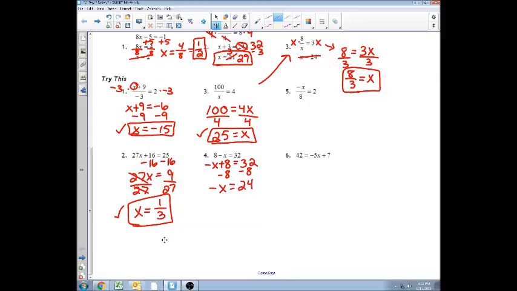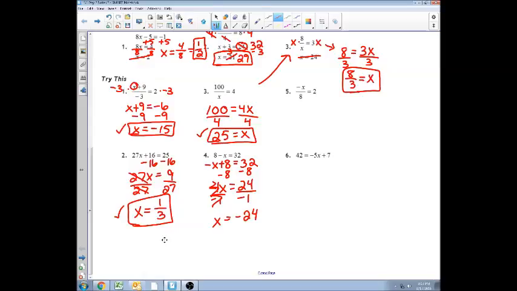Now I have a negative x. Remember from above that anytime I have a negative variable, I want to go ahead and divide by -1, because that is also -1 times x, right? Well, the negative 1s on this side would cancel. That would leave me with x equals -24.